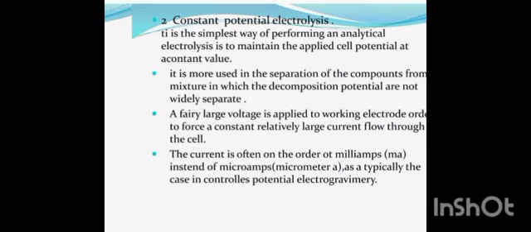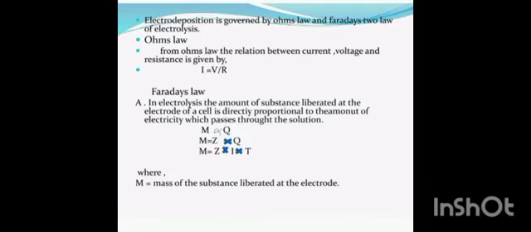A very large voltage is applied to the working electrode in order to force a relatively large constant current to flow through the cell. The current is often on the order of milliamps instead of microamps.